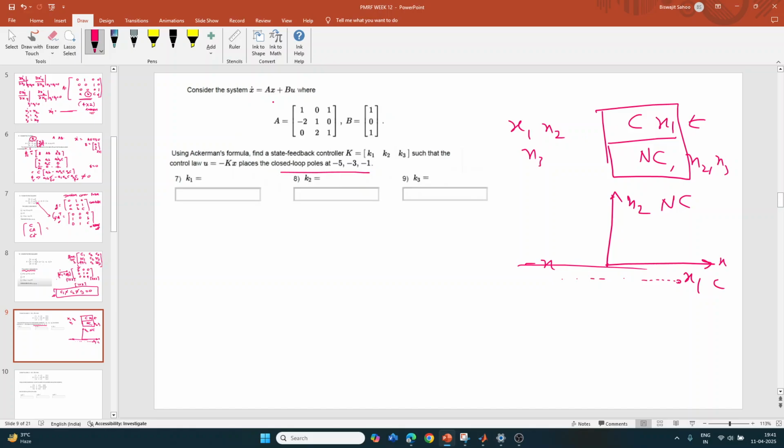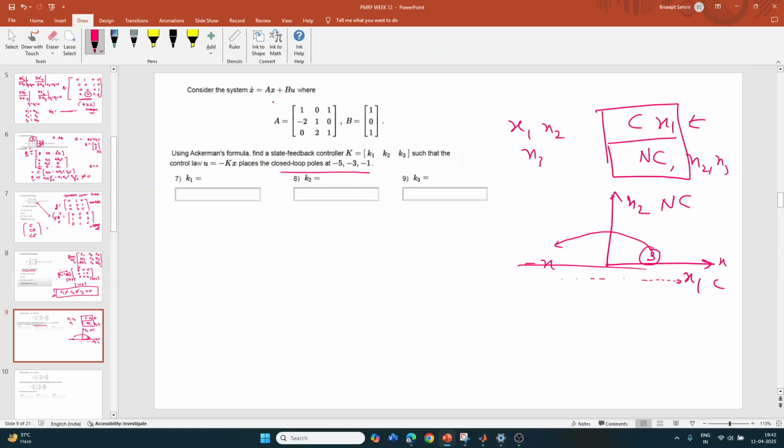Suppose one pole is at 3. Since x1 is controllable, you can multiply by some factor so that this 3 can go to the left hand side to make the system stable. That thing is done by Ackermann's formula.